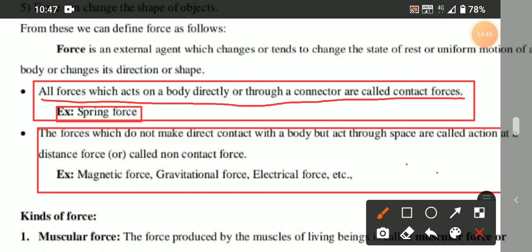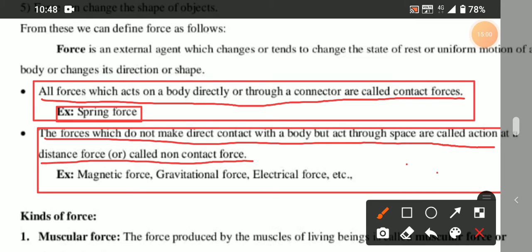And here is the definition of non-contact force. The force which does not make direct contact with a body but acts through a space is called action at a distance, or non-contact force. It does not make any direct contact with any body, but it acts through a space. It maintains some space between them.